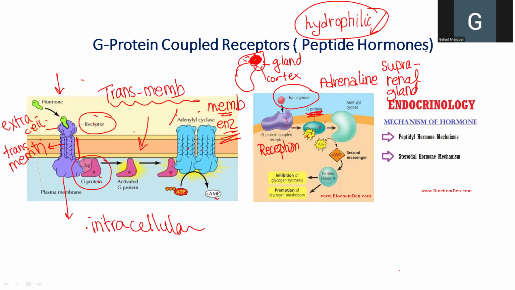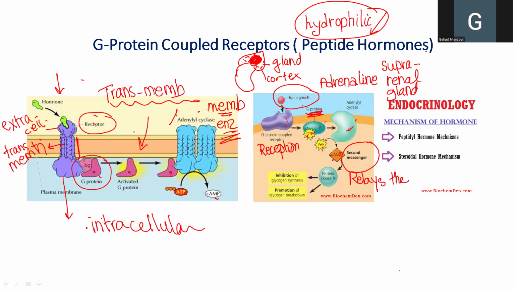The binding with GTP will induce changes in the adenylate cyclase enzyme that would get activated and convert ATP into cyclic AMP. Cyclic AMP is considered a second messenger, and it achieves the actions of epinephrine. That's why we say that cyclic AMP relays the message.